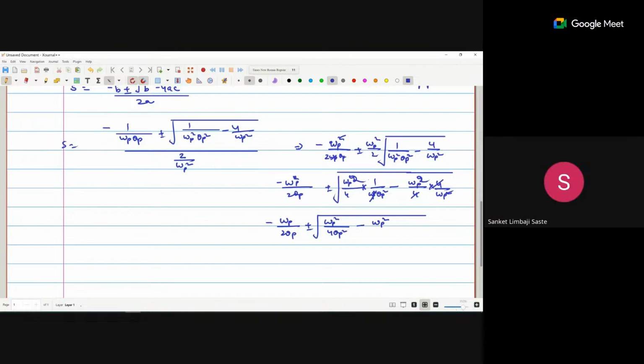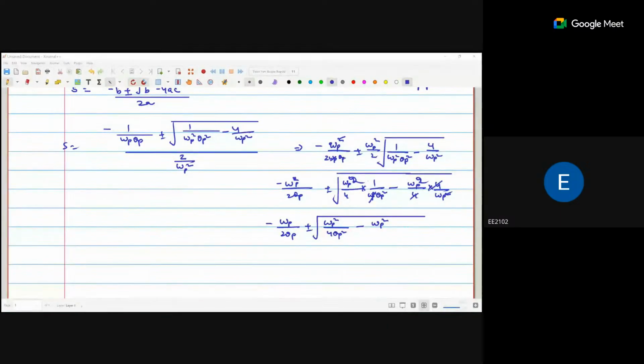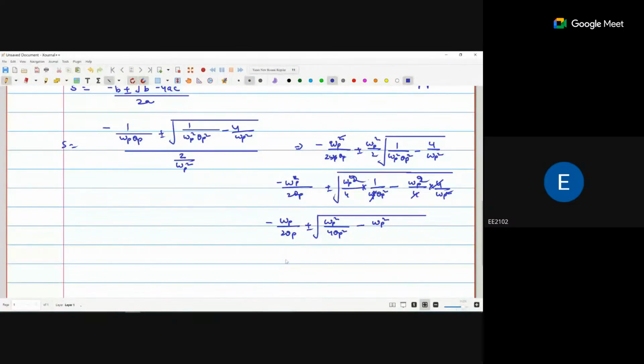Okay. Now what we are saying is that the poles should be real. For a given circuit, the poles should be real, so the quality factor QP should be greater than 0.